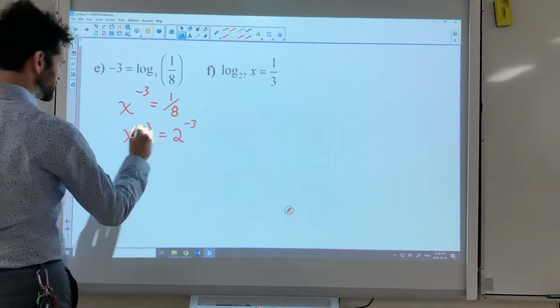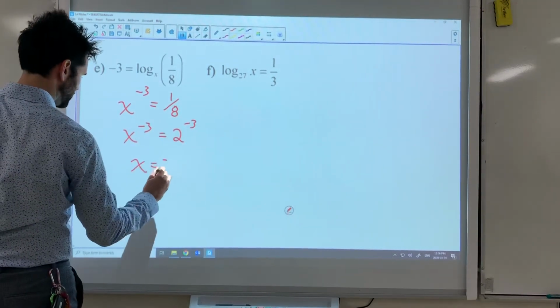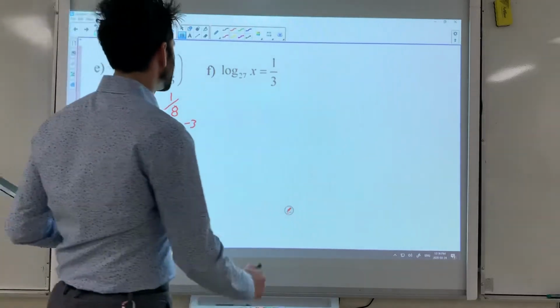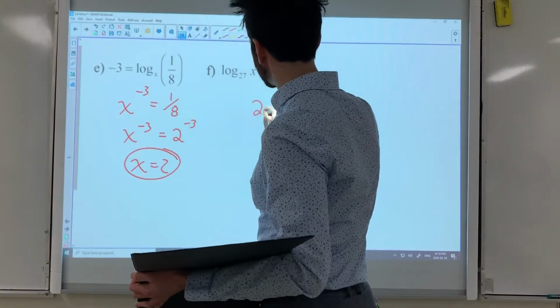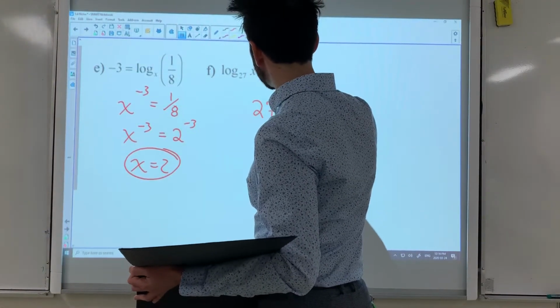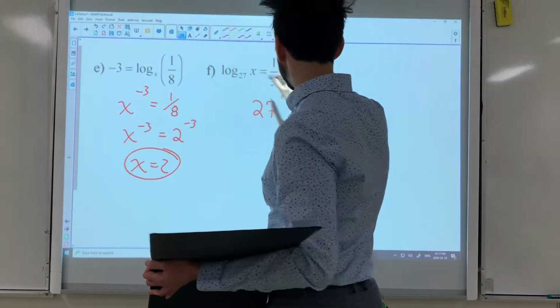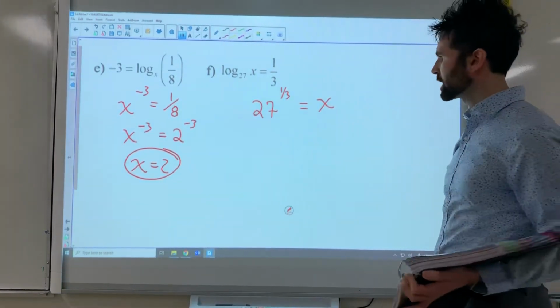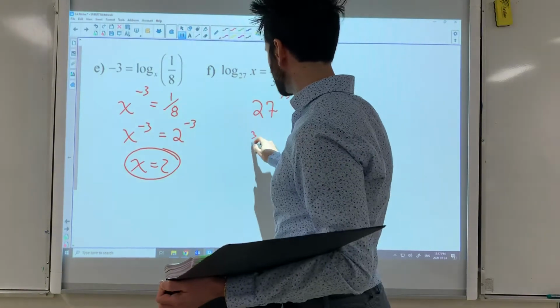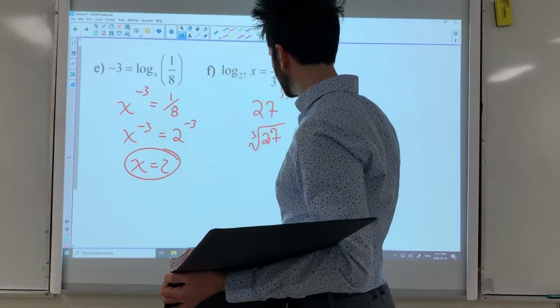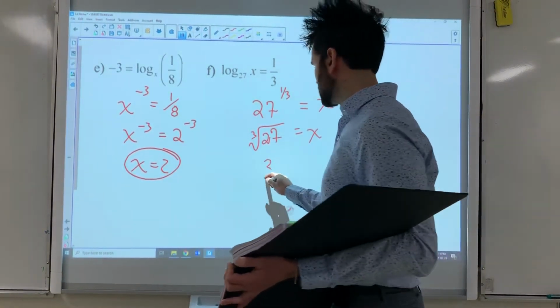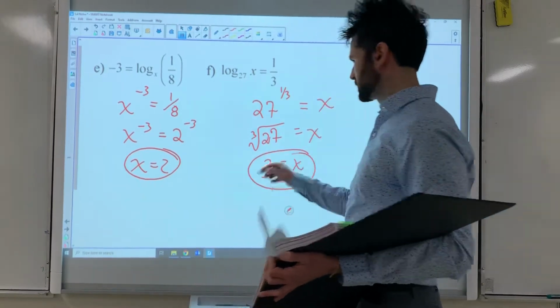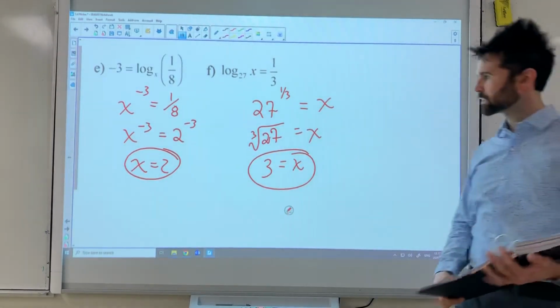So now the exponents match, so the bases must be the same. Done. Here's another one, base of 27. So 27 raised to the power of the answer a third has to equal the argument x. All right, well, that's just the cubic root of 27, right? And that's 3. All right, everything's coming together. It's amazing.